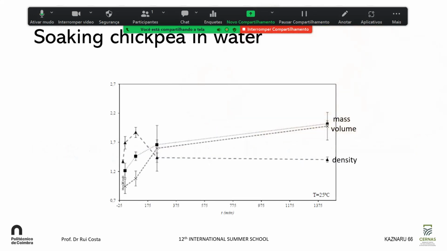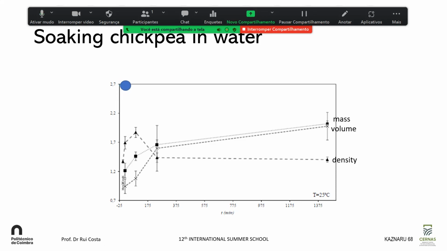First, before showing the result of the model, just to say what happens during soaking. Imagine that the circle in blue at the top here is like a chickpea. It's curious that when water enters the chickpea, there is first a decrease in volume.